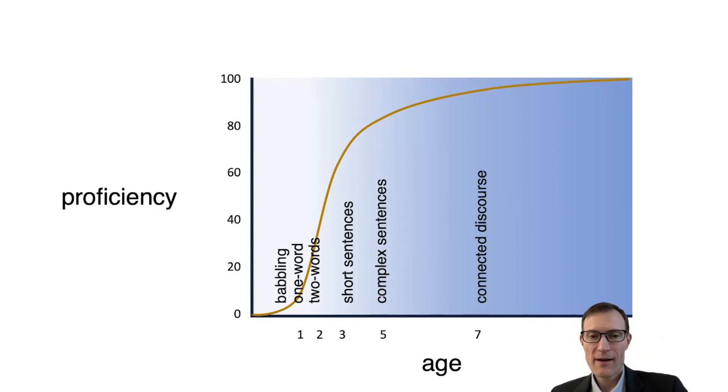But you can see it takes years for children. Often we think that children are so quick at learning languages, but actually it takes them years, and it's a process.